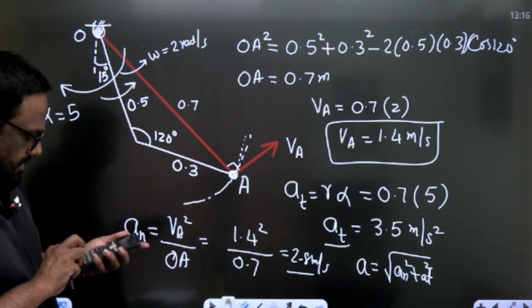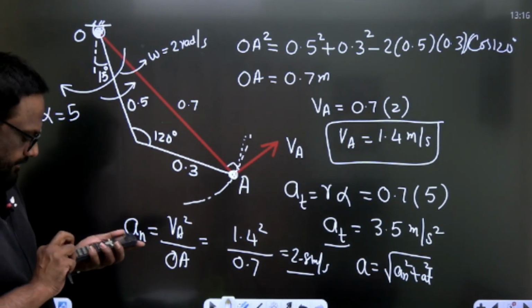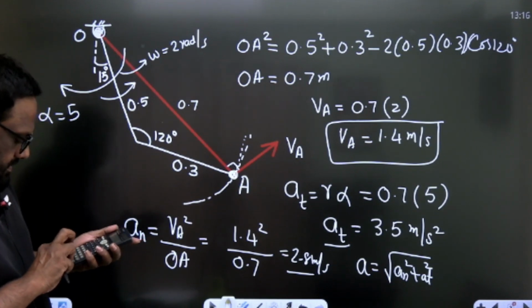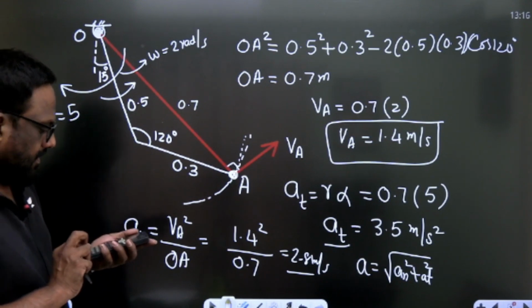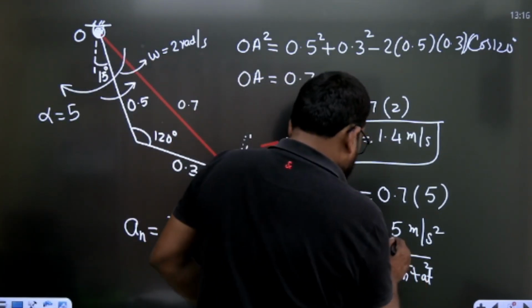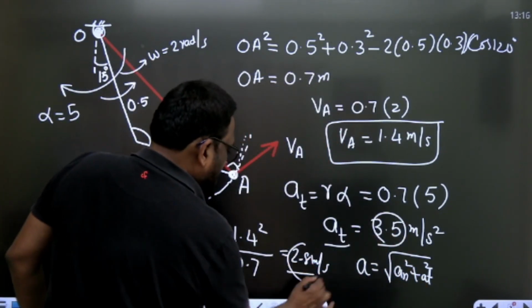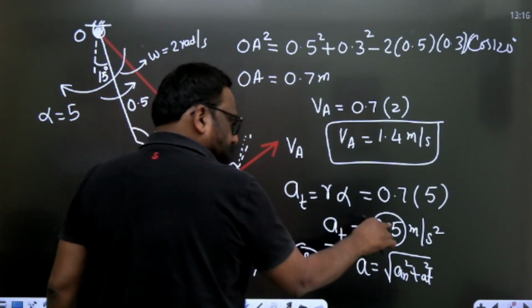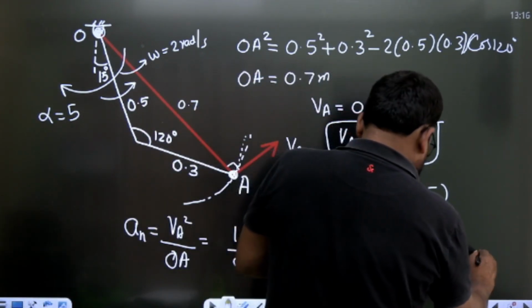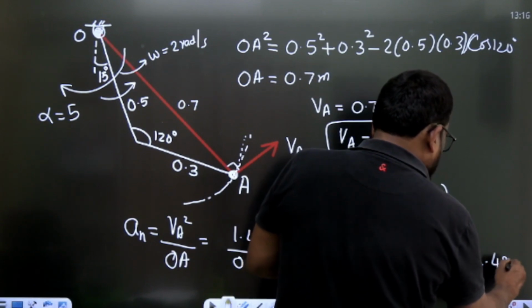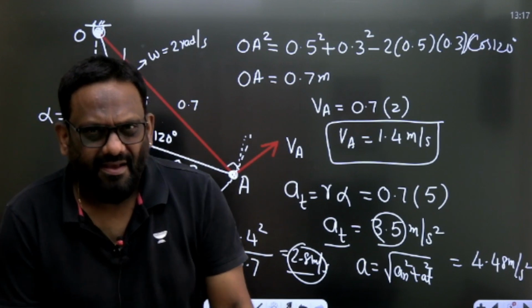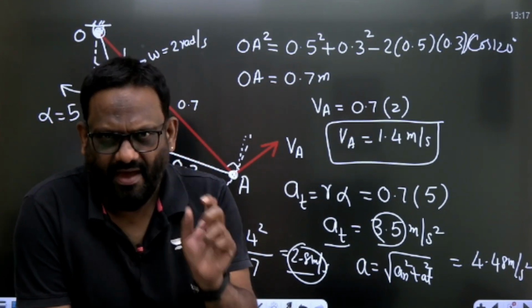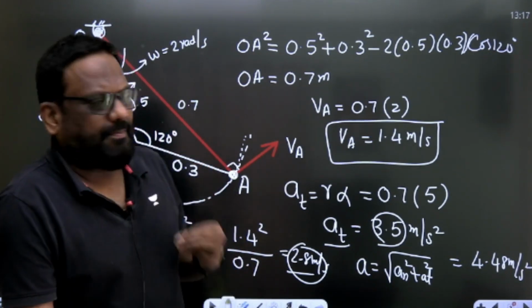Let me check, sirs. I am getting the answer as 4.48 meter per second square. This approach can be used directly when he is asking a numerical value. This is a scalar approach.